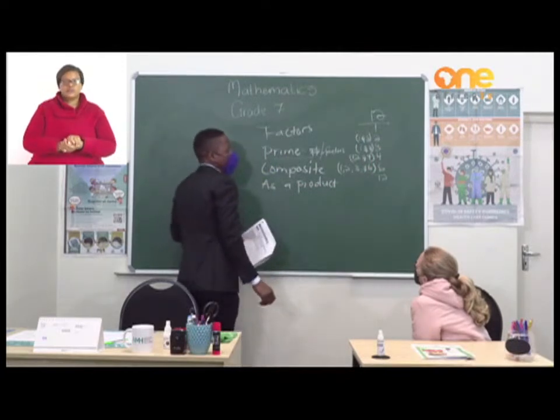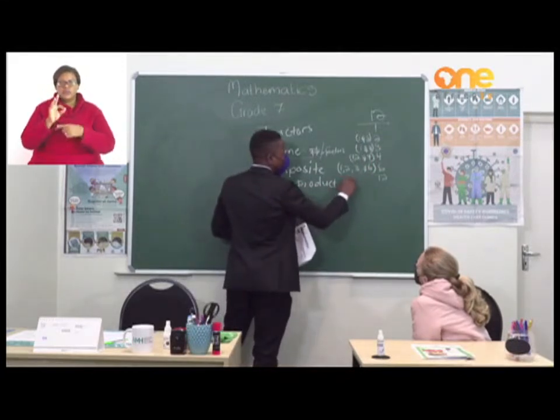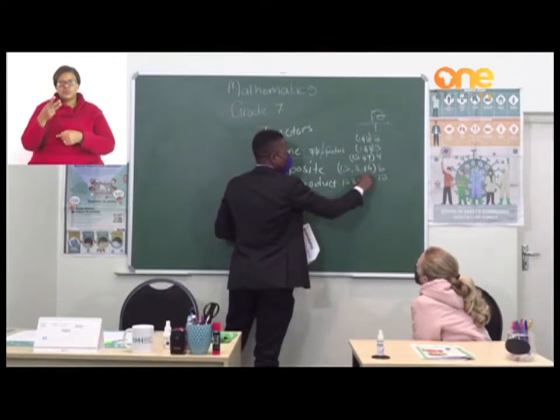So the factors of 12 are 1, 2, 3, 4, 6, and 12.